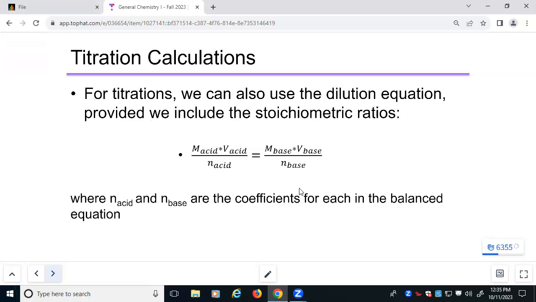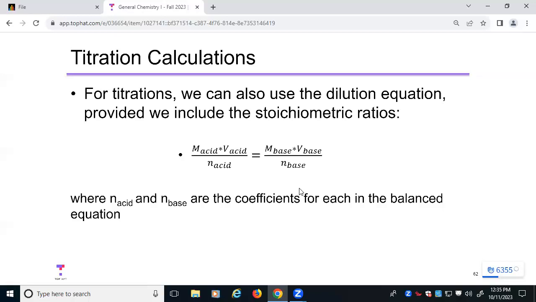You used this equation last week. This is what we call conventionally the titration equation. The idea that if I have a titration, because I'm dealing with solutions on both sides, because I'm looking at moles of sodium hydroxide turning into moles of sulfuric acid or moles of oxalic acid or whatever it is, this equation can be used as a shortcut to doing the actual stoichiometric work.